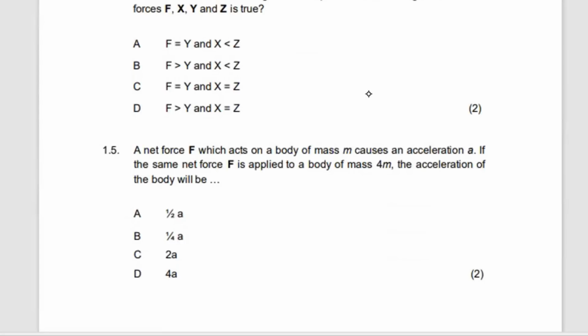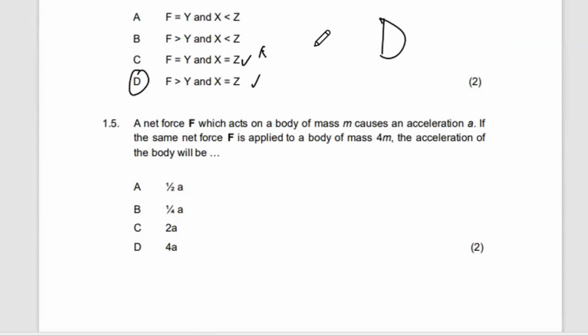Initially we know that X and Z must be equal, so we're looking at options C and D. But then they're telling us that F is equal to Y. For F to be equal to Y, this object shouldn't be moving. But they're telling us the block moves, so this one is out. I'll go with option D, just using the elimination approach.